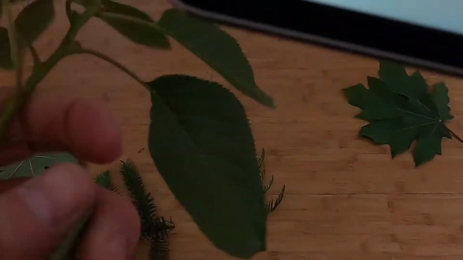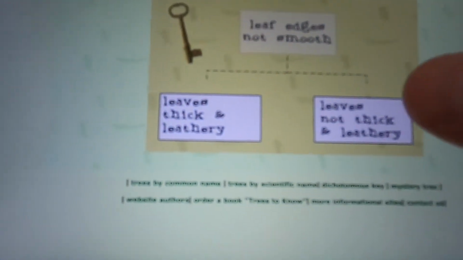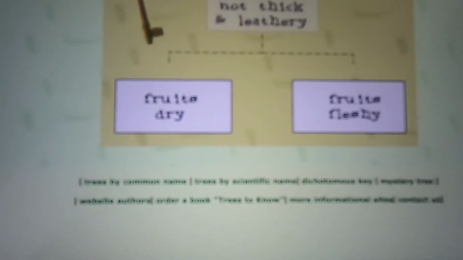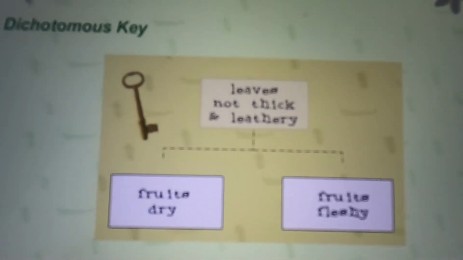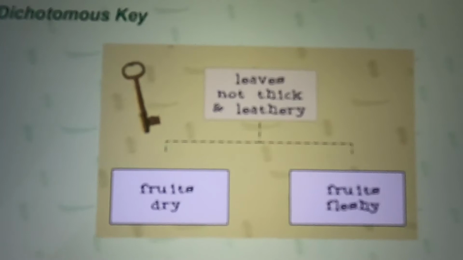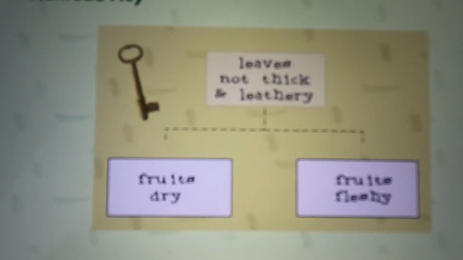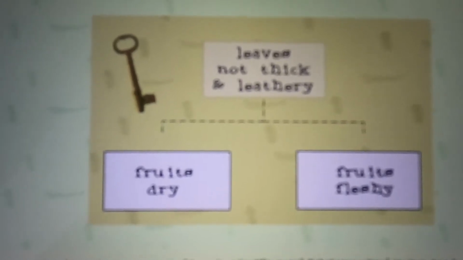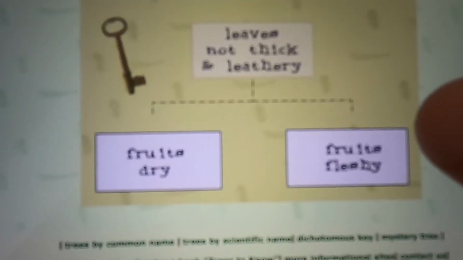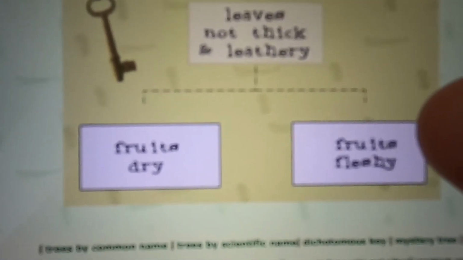Thick and leathery or soft? And if you can roll it between your fingers real easy, that is a non-thick and leathery leaf. And this is where the challenge with a lot of broadleaf plants comes in. The fruit is very important as an identifier for most people that are starting out. There are some other cues we can look at, but when I looked on this tree, I didn't have any that I could reach.